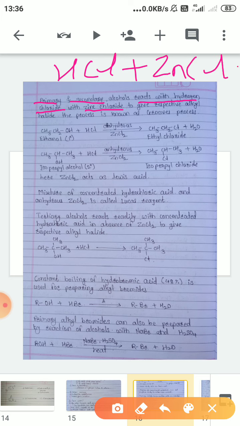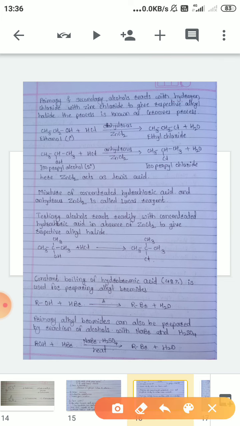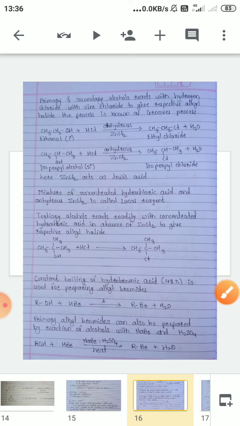This mixture of HCl and ZnCl2 is called Lucas reagent, and this process of preparation of alkyl halides is called Groves process.